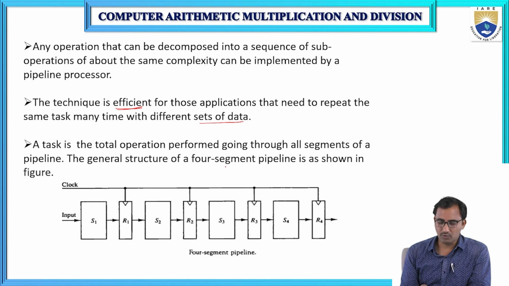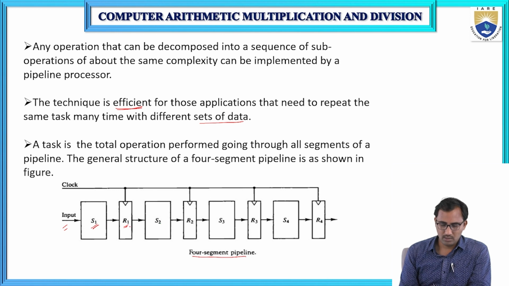The general structure of a four-segment pipeline is as shown in the figure. So this is a four-segment pipeline. Already we know every segment has input registers followed by a combinational logic circuit. Suppose you take segment one, it is having some input and it is given to the R1 register.